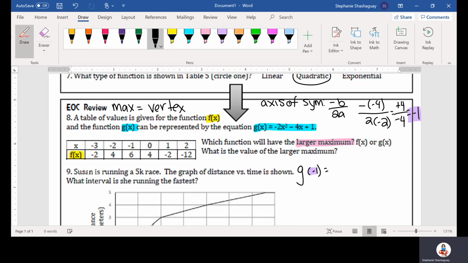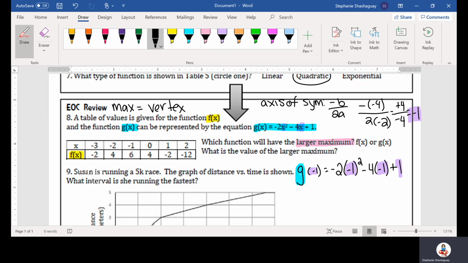So I'm going to find g of negative 1 to find my y value. So I'm going to do negative 2 multiplied by negative 1 squared minus 4 times negative 1 plus 1. And remember, all I did was plug in that negative 1 anywhere I had an x in this g of x function.